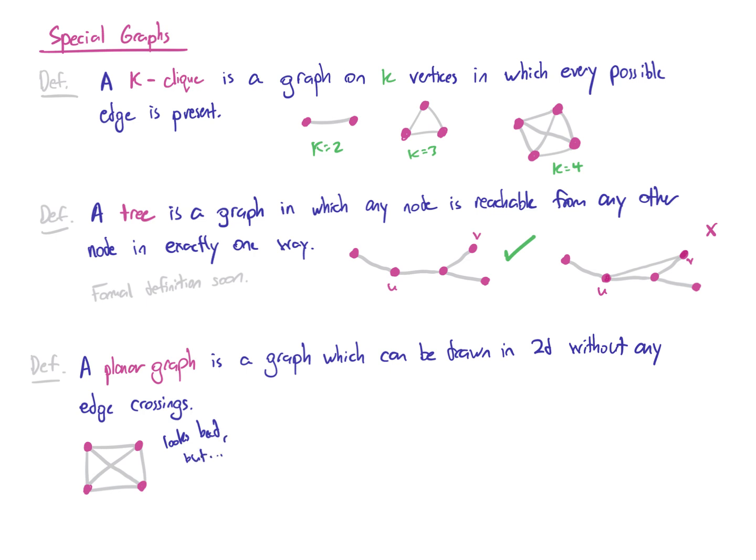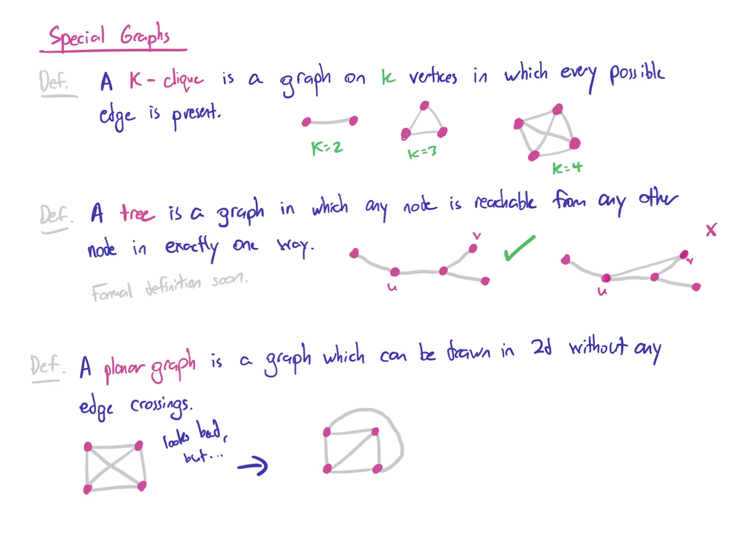But as it turns out, this graph is actually planar because if I just move around some edges, I can take this diagonal, this one right here, and move it outside, and now I no longer have any edge crossings, even though I have a graph with all the same edges.